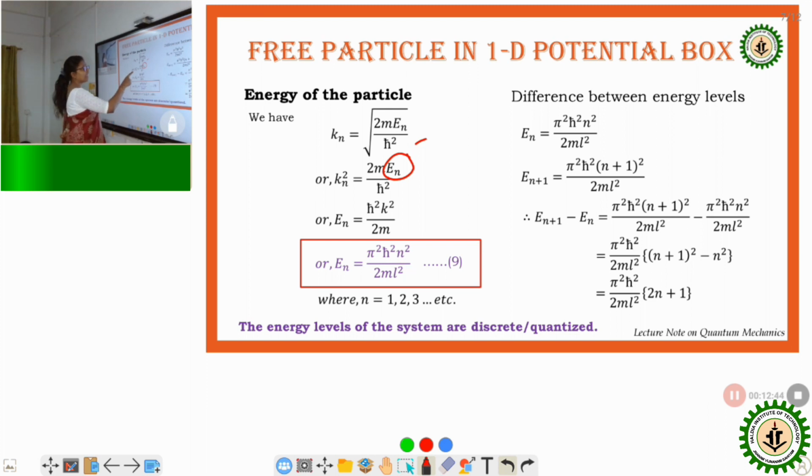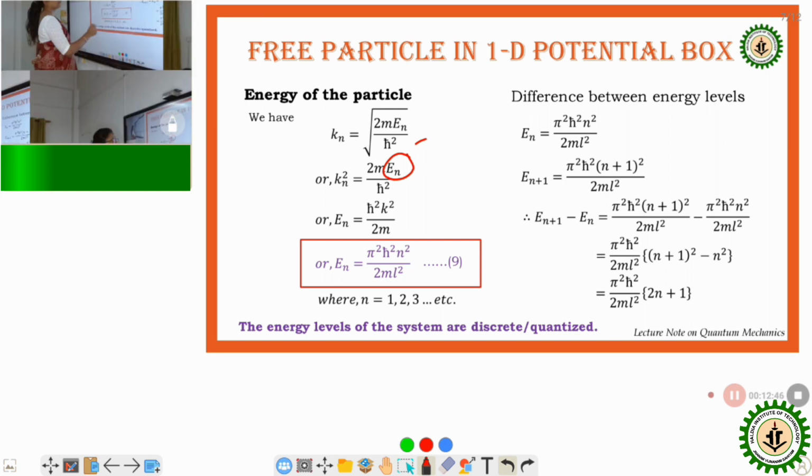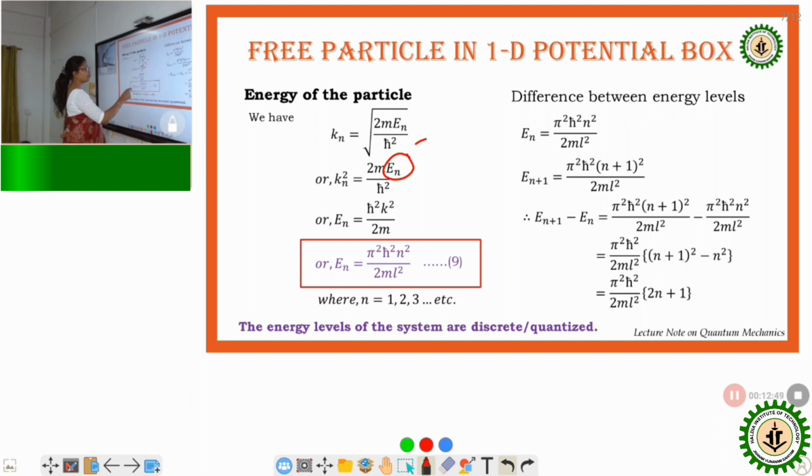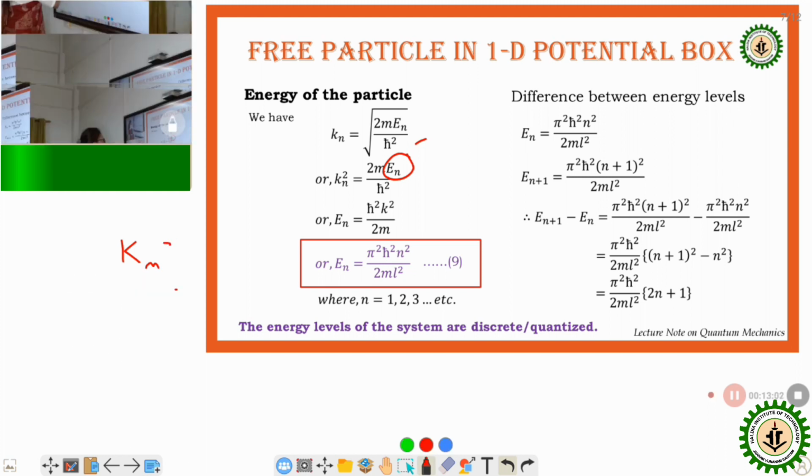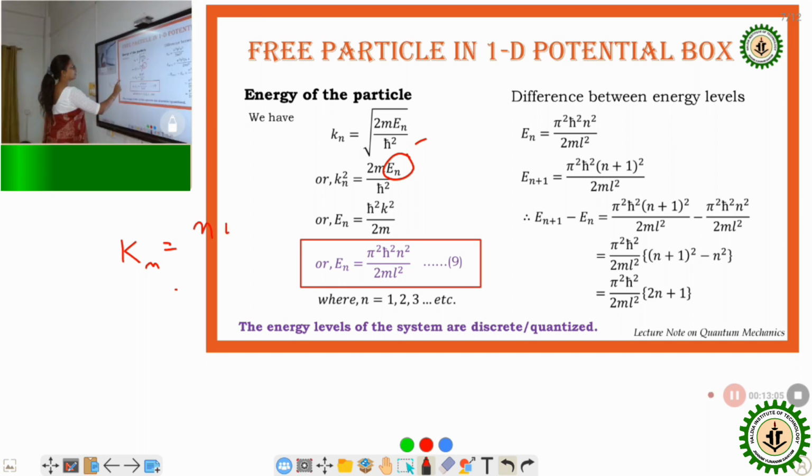If you put k n equals n pi by L, you can get pi square h cut square n square by 2mL square.